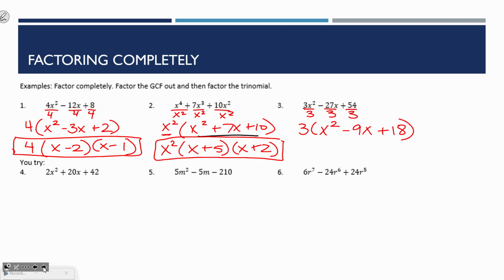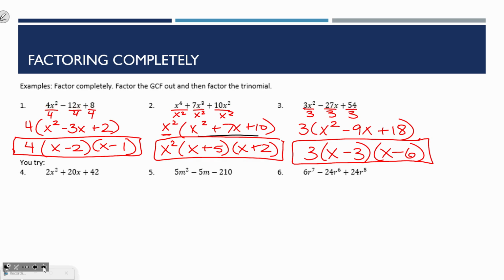And so now I have, again, the 3 out in front, a quadratic trinomial in parentheses. Can that quadratic trinomial be factored anymore? Are there two numbers that multiply to positive 18 and add to negative 9? Yep. How about x minus 3 and x minus 6?